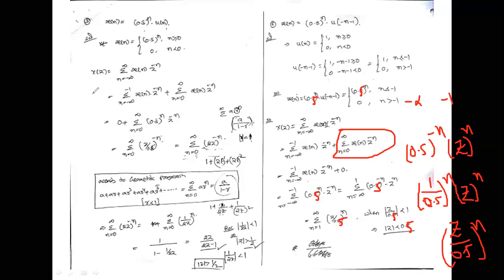Now it is in the form of a power n only, in the range of 1 to infinity. Substituting in the formula we have, a power n, sum of n equal to n1 to n2. n1 is 1 here.